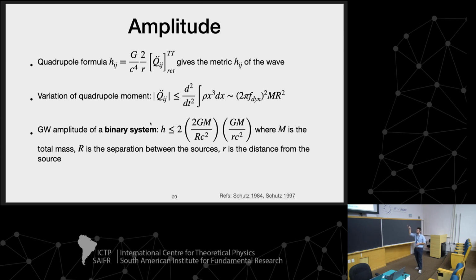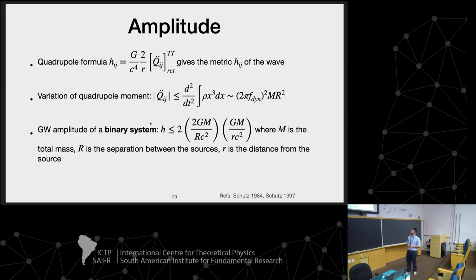So this formula gives you the full metric, how space-time evolves through the passage of a gravitational wave. But if we want to understand, we can define an estimator of the quadrupole moment, which is dependent on the dynamical frequency. So amplitude is also connected with the frequency.